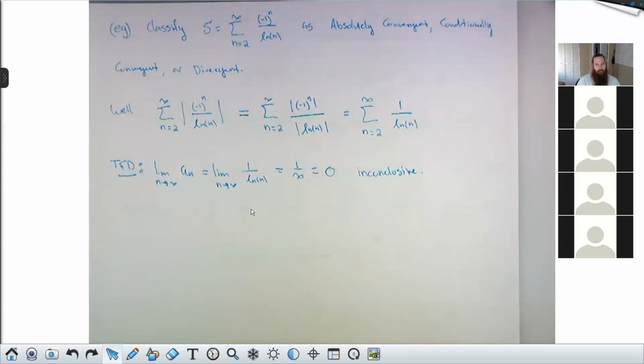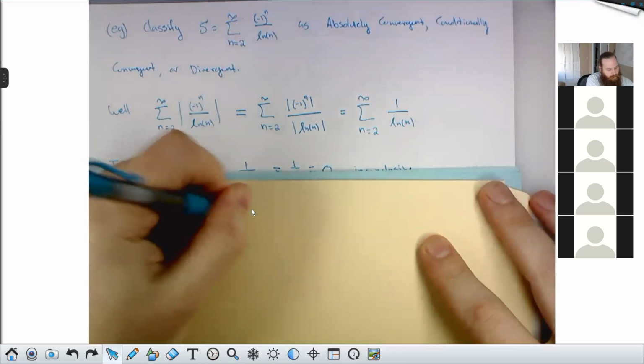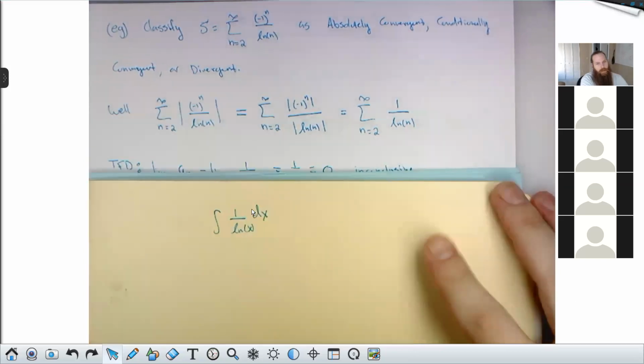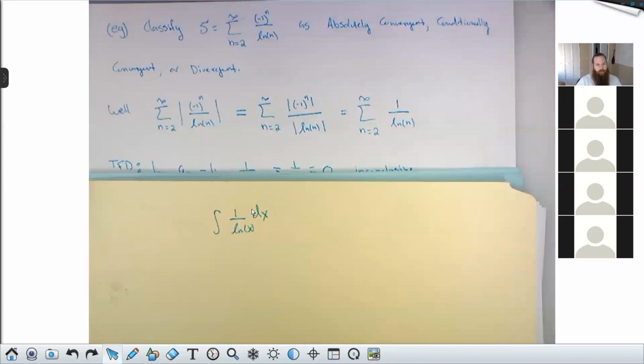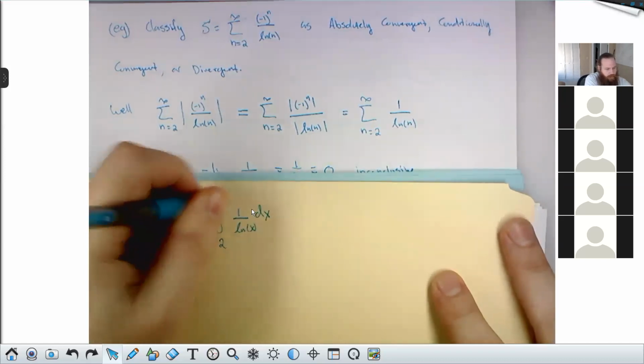Would you use the integral test? Well, I have a little note here. I don't want to burn too much time on this, but if you can evaluate this integral, then I know many mathematicians who would love to see how. It's actually a very hard integral. Now we're integrating from 2 to infinity, so finding an antiderivative is hard.